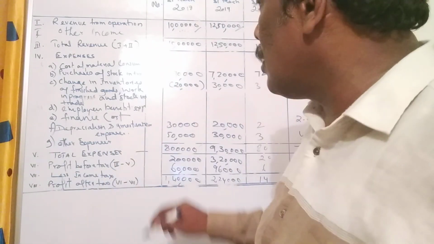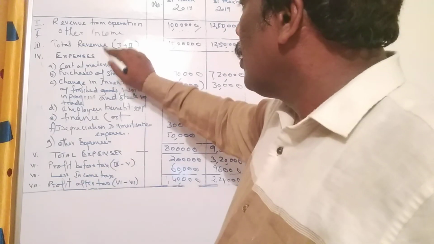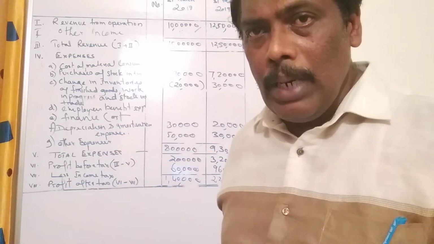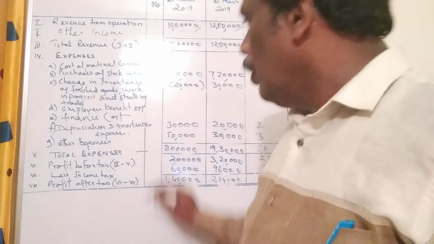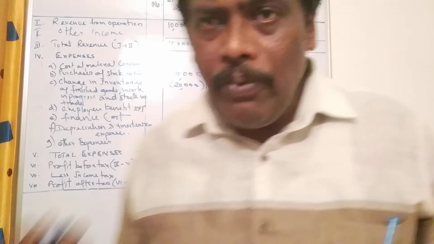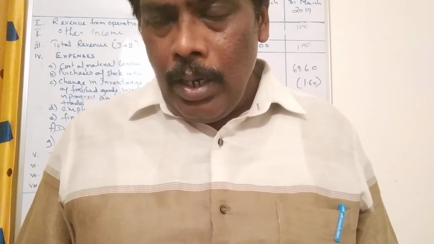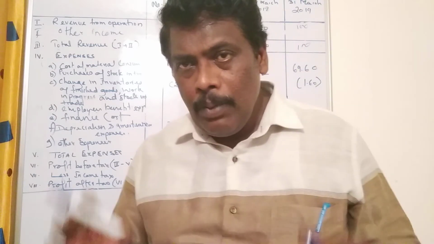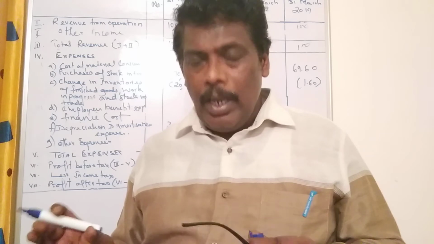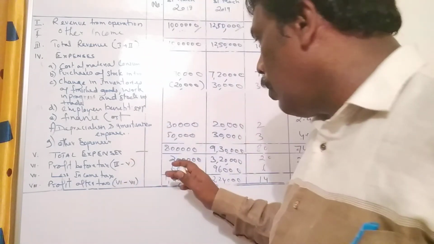Income means the third Roman letter, so third minus fifth. When you subtract these two heads, if you get a positive figure, it will be termed as profit. If you get a negative figure, it means it is a loss. That has to be recorded here.